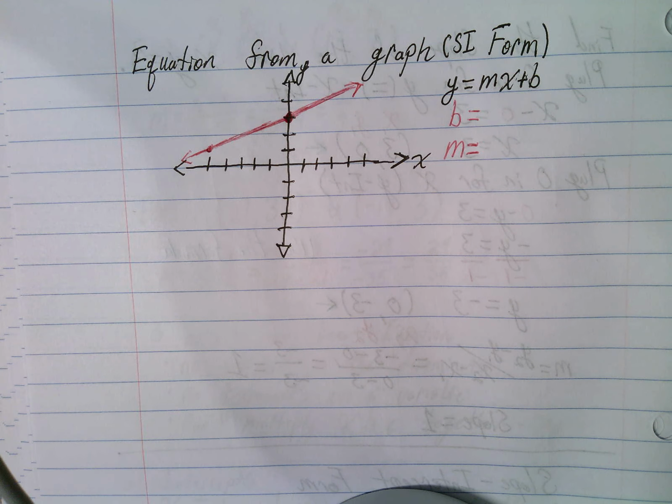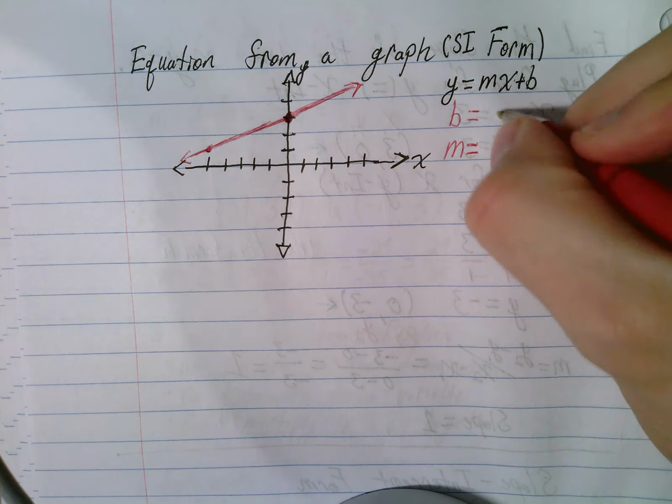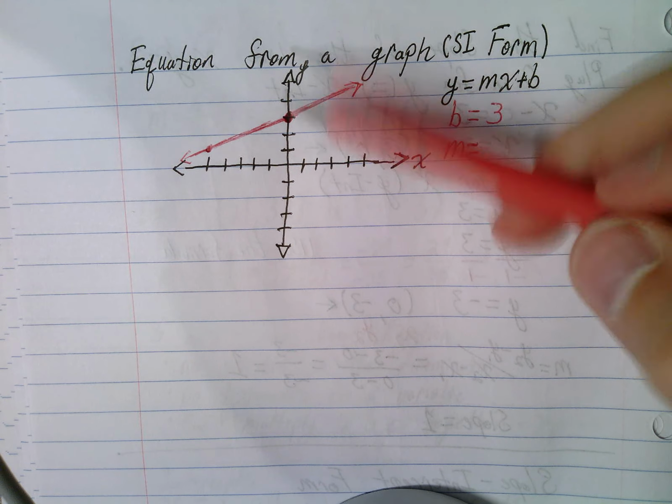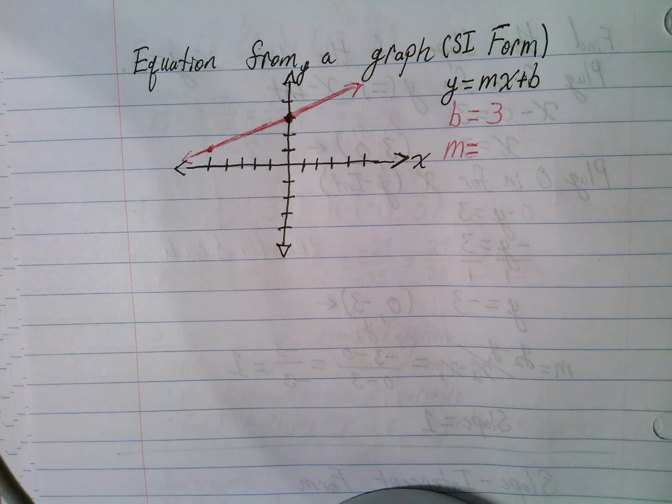Somebody other than Nick or Travis, what's my y-intercept here? Good, Lacey. Yeah, thank you. It's 3. Notice it's right here. Now, the slope might be a little bit trickier, but now somebody other than Lacey, Travis, and Nick, what would my slope be here?